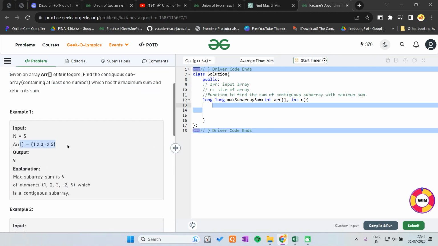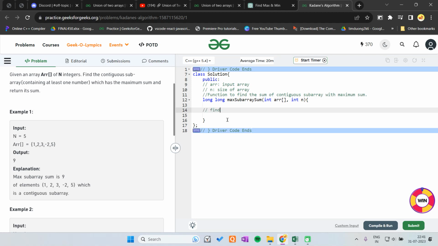So what is my approach to solving this question? After seeing this question, the first thing that comes to my mind is that we have to find the maximum sum, so we have to find the sum and then maximize it.